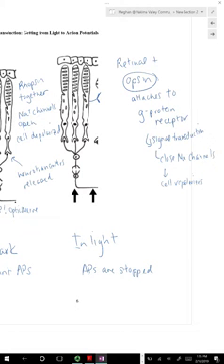Repolarizes, and we have less APs on the optic nerve.